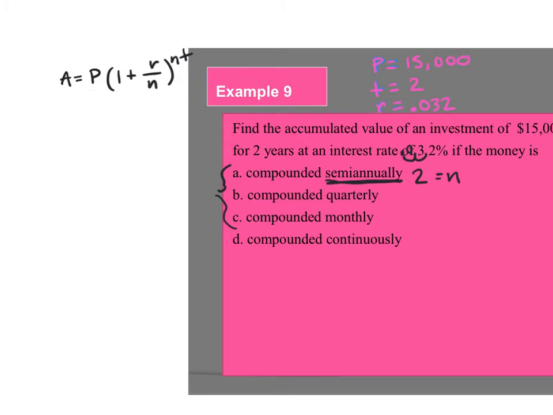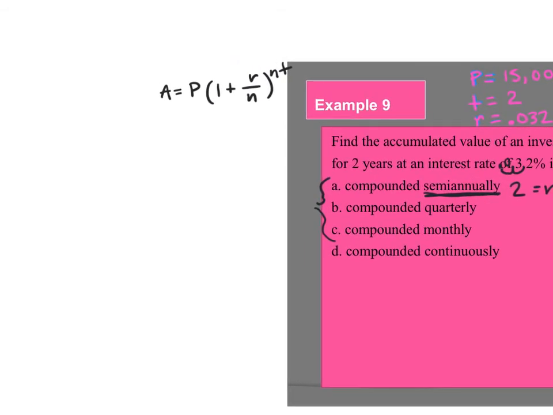So we have A is equal to, now we just plug in, so 15,000 times 1 plus our R, 0.032 over 2, raised to the power of 2 times 2.